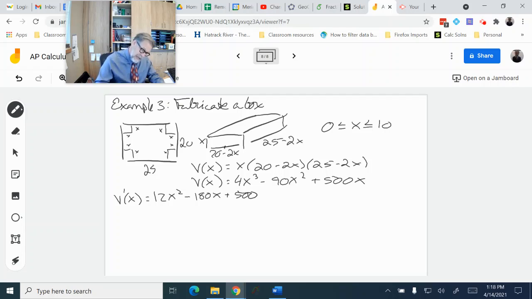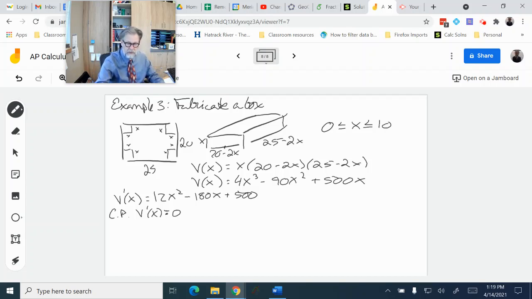And I know that extrema can be found at the endpoints or the critical points. So let's start with the critical points. The derivative is equal to 0. I could get fancy and do all the math, or I could just plug this quadratic into my quadratic formula.